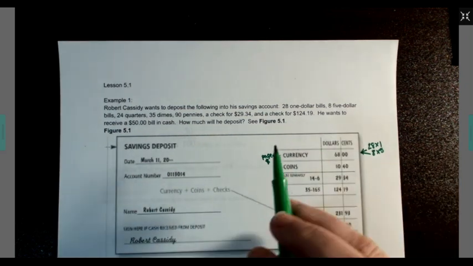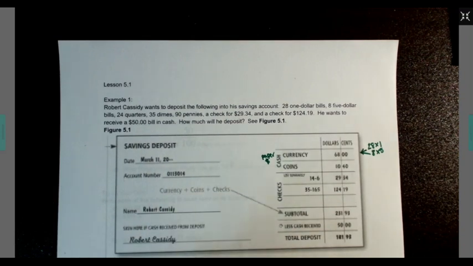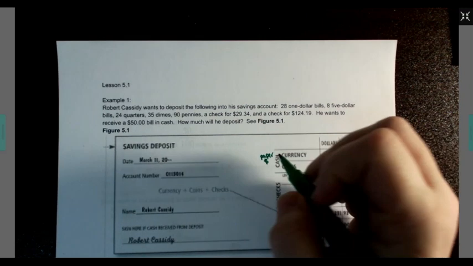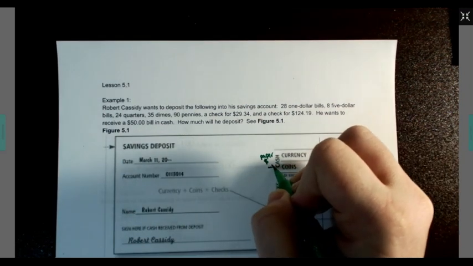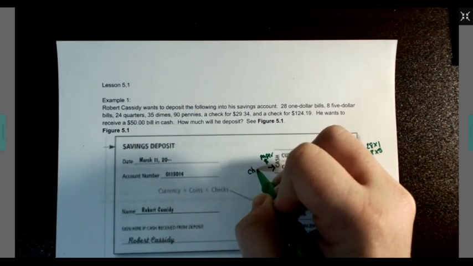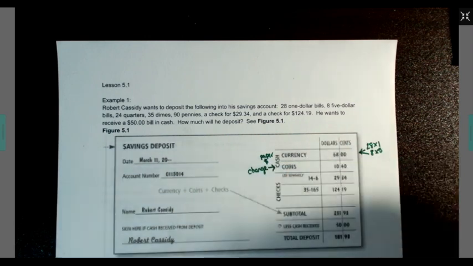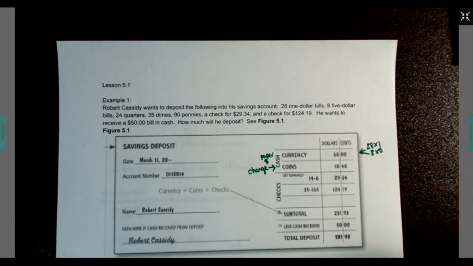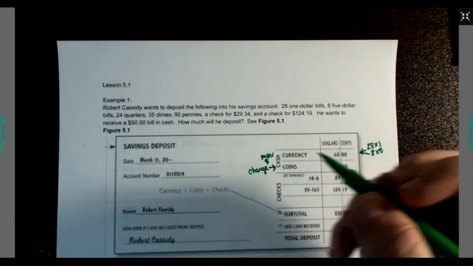Coins are my quarters, dimes, nickels, pennies. So this is my change. Let's talk about how they got this amount.